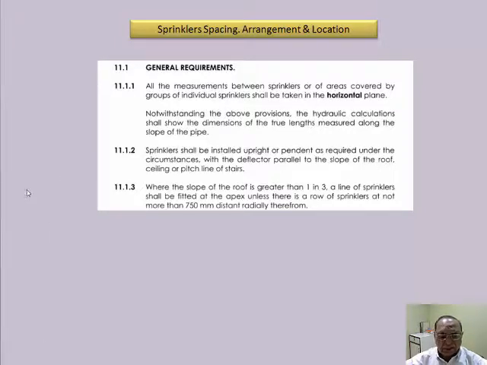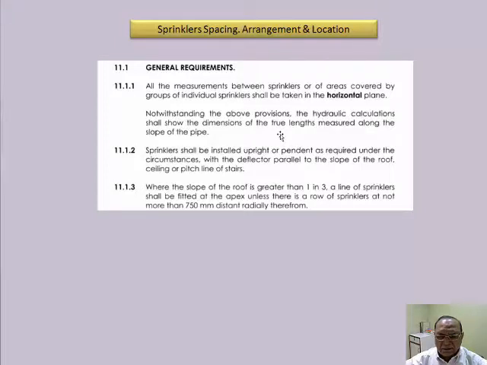Means if there are inclined roofs, it has to be installed according to the line of the roof's inclination. So theoretically, when we install a pendant sprinkler, it will have a slope and be discharging on the horizontal surface. These are required.